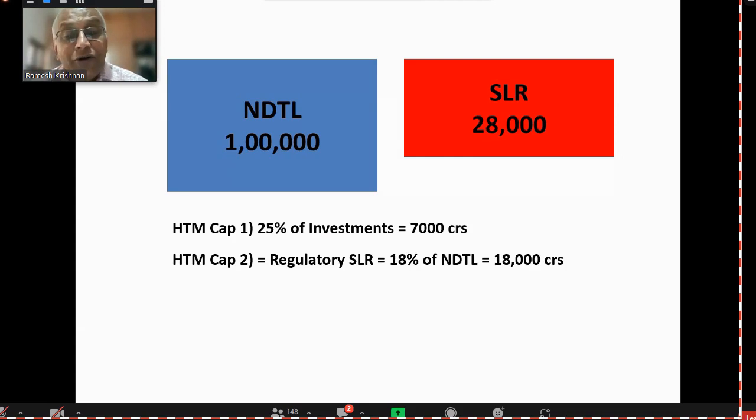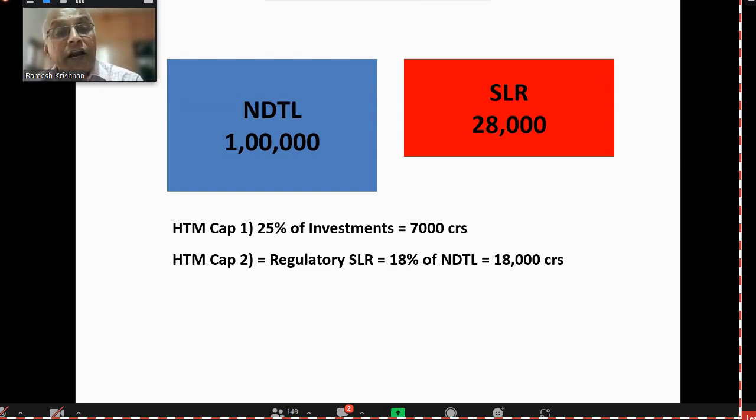Also, your regulatory SLR of 18%, meaning 18,000 crores, can be categorized in HTM, so you need not mark to market. So though 25% of your investments is only 7,000, practically for your bank, your limit becomes 18,000 crores.